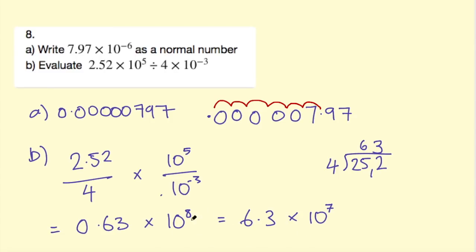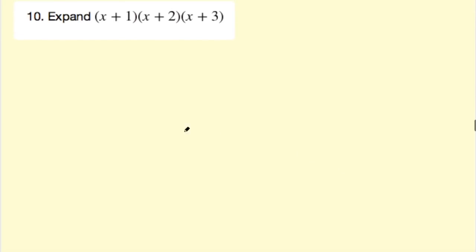So I've multiplied 0.63 by 10, and I've taken 1 away from the index number there. Yeah, so I think it's really worthwhile to learn a few shortcuts with these standard index form problems. Alright, next question I want to go through is 10.